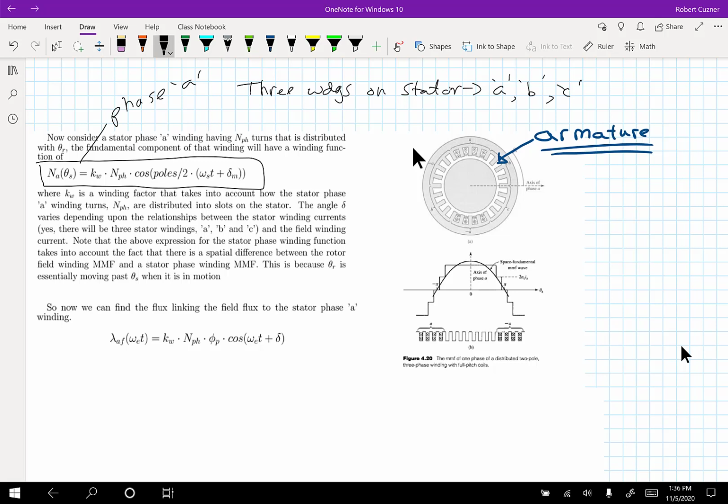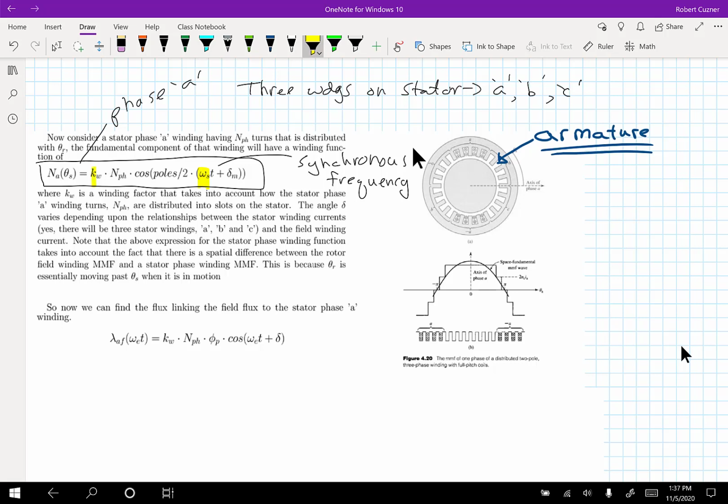And I'm going to introduce now a very important term, which is called synchronous frequency. And really that's what defines a synchronous machine. We have a synchronous frequency for this winding.